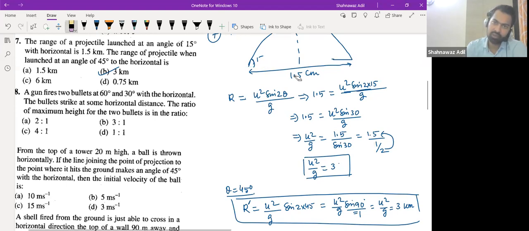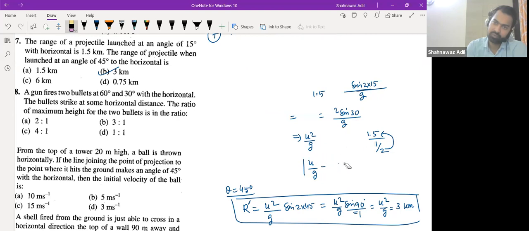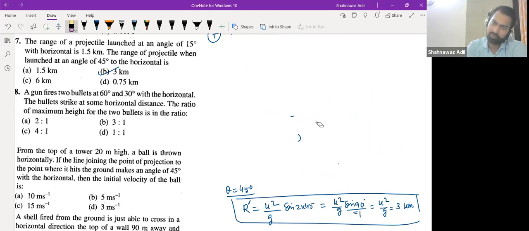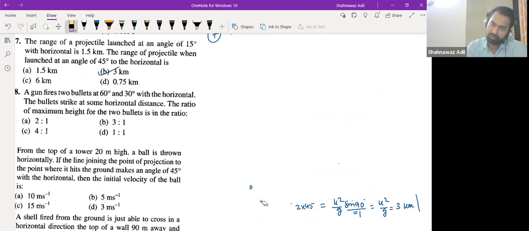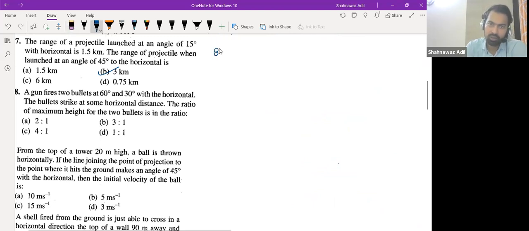Now let us do this eighth problem. A gun fires two bullets at 60 degrees with the horizontal.